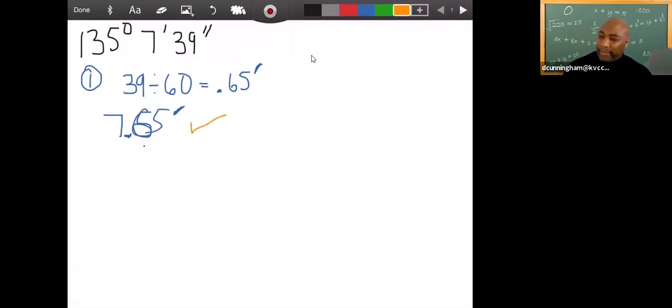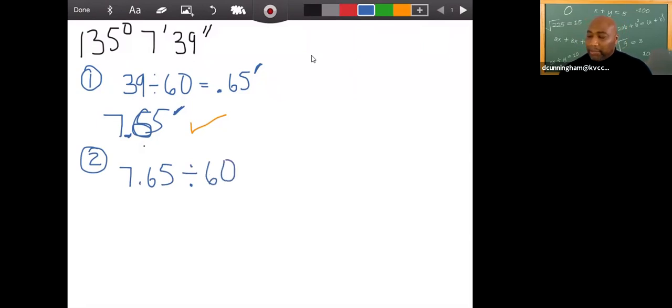Minutes. Not done. We've got to convert that minute into degrees, and then we're going to go forth from there. So our second step is we're going to use 7.65 and divide that by, guess what number? How many minutes make a degree?